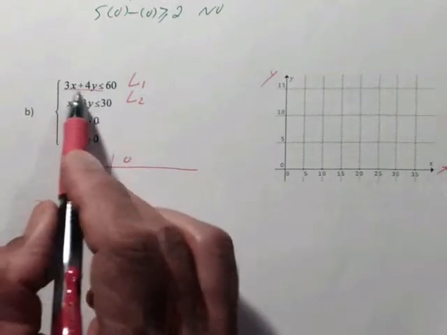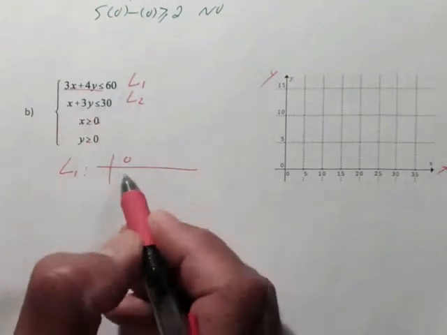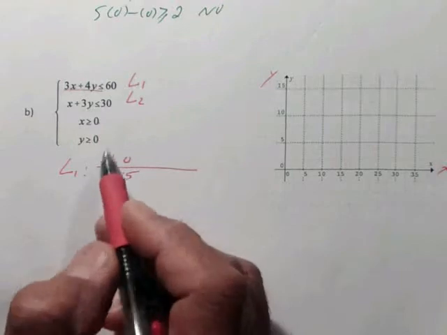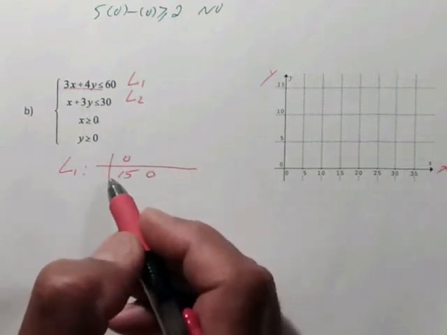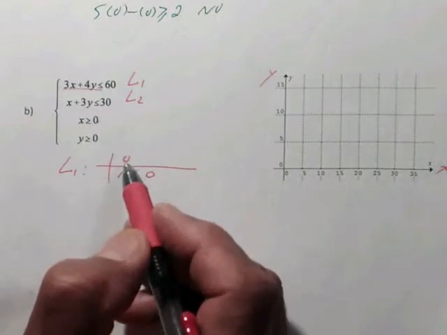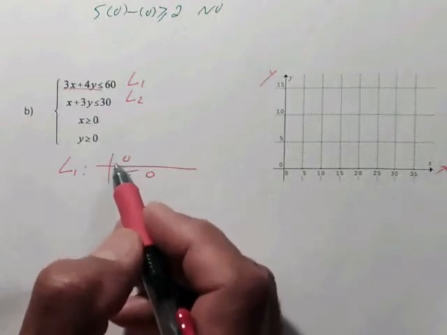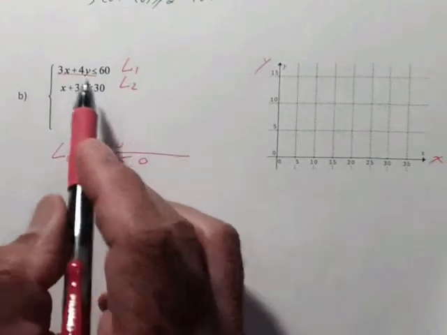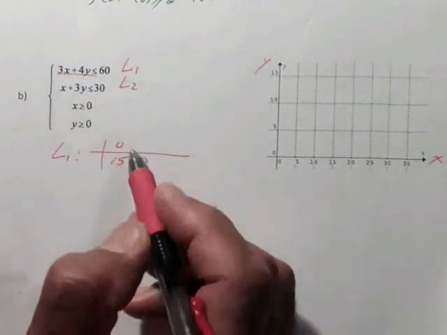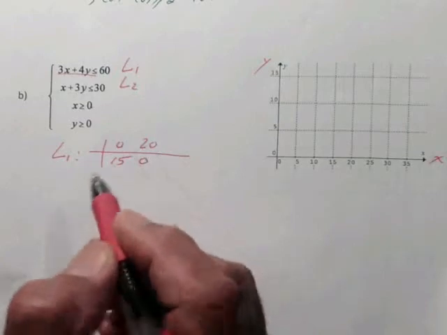If I put x equal to 0, I get y equal to 15. Now if I put y equal to 0, these are the easiest points you can try. If they don't work, then you have to try other points other than intercepts. Y equals 0, you get x equal to 20.